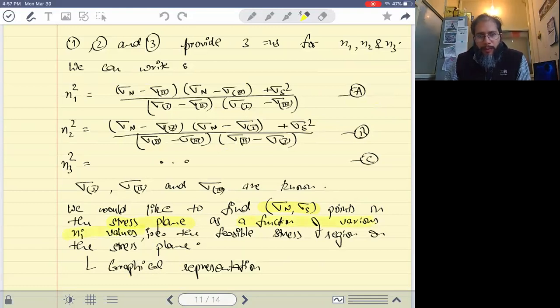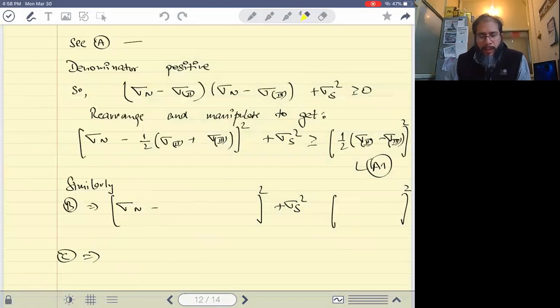So for all the corresponding ni values, I would want to plot the sigma n comma sigma s values and find the locus of those points, which we will see turns out to be a bounded region, bounded by 3 circles, call them Mohr circles. Okay, so we will do a graphical interpretation of this equation.